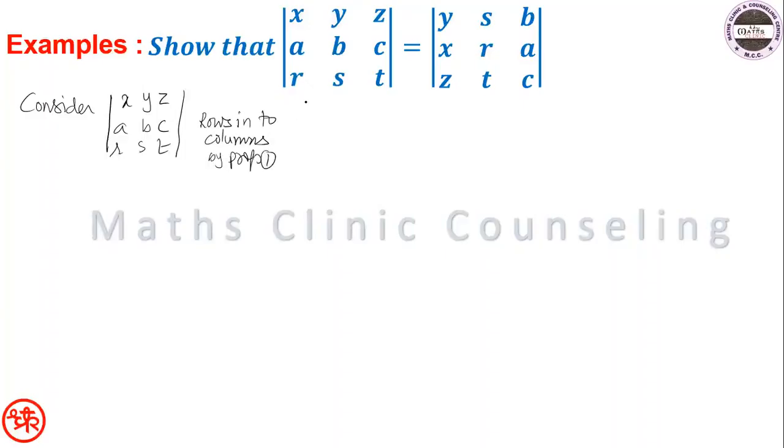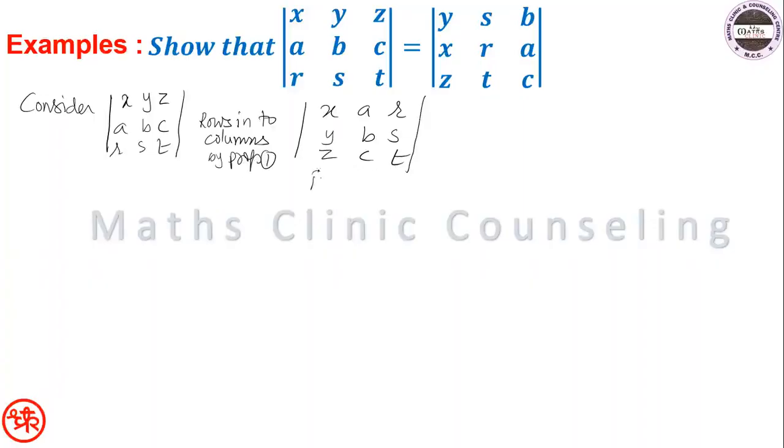So what we get is x a r, y b s, second column is second row, third column z c t, third row. Is that clear?